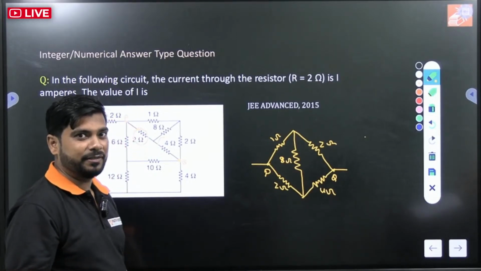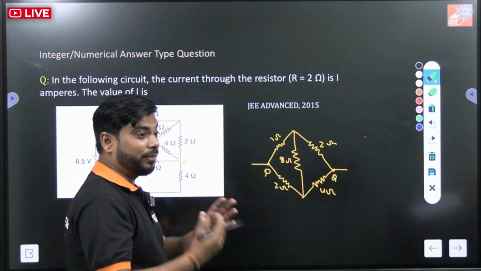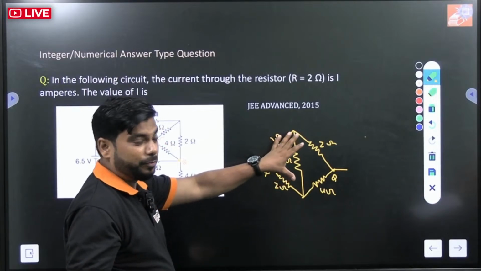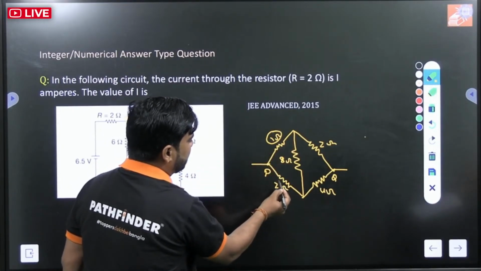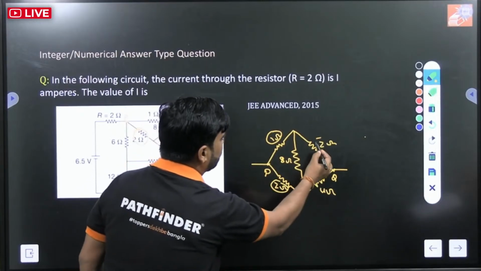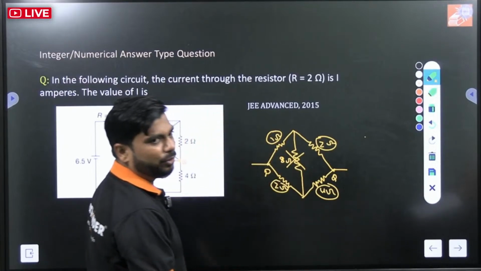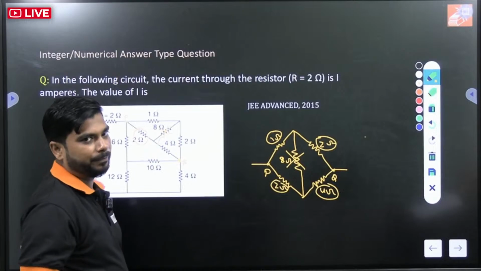Wheatstone bridge, right? And this is the specific case of Wheatstone bridge, which is a balanced one. For that we have to check the ratio of the resistances. 1 is to 2, and here also we are getting 1 is to 2. So definitely there will be no current in this 8 ohm resistance. So this 8 ohm resistance is insignificant.